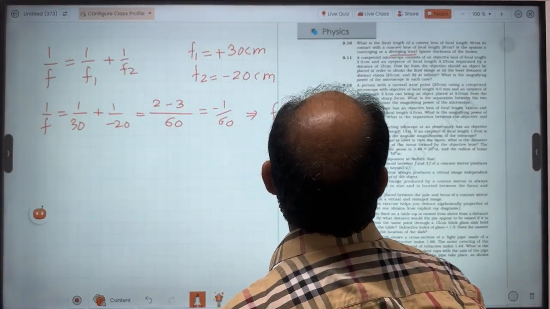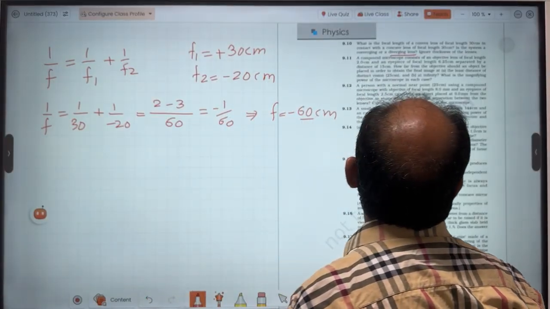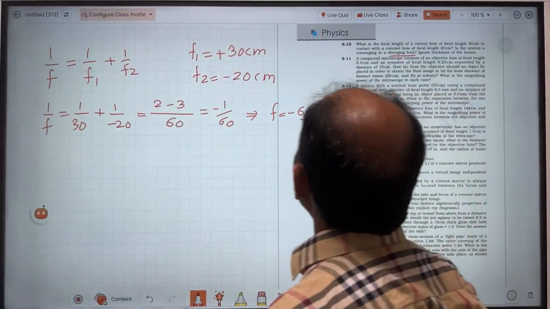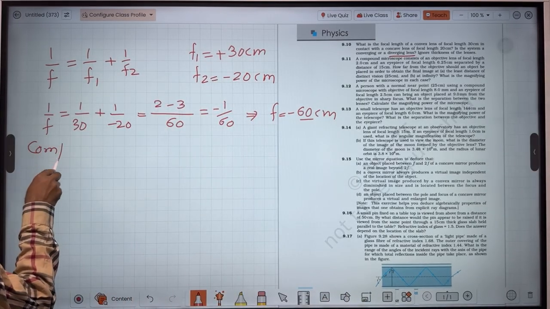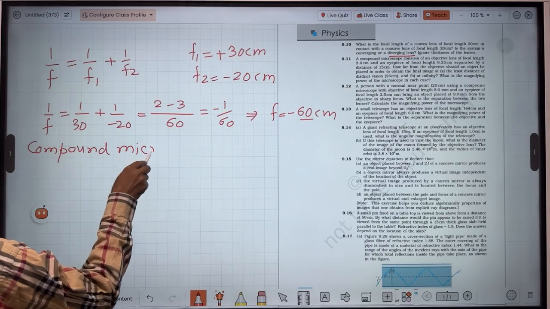Now let's see the next question. The next question says, a compound microscope consists of an objective lens of focal length 2 centimeter. So we are talking about a compound microscope.